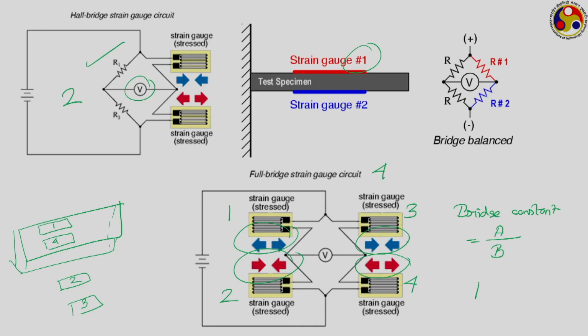Like in the previous case we got 4 into 10 to the power minus 6 volt, if you go for a full bridge arrangement it will be 4 times this, that is 16 into 10 to the power minus 6 volt, thereby increasing the sensitivity of the output circuit. So, these are the two most important electrical circuits used in conjunction with resistive strain gauges, the ballast resistor and this bridge circuit.